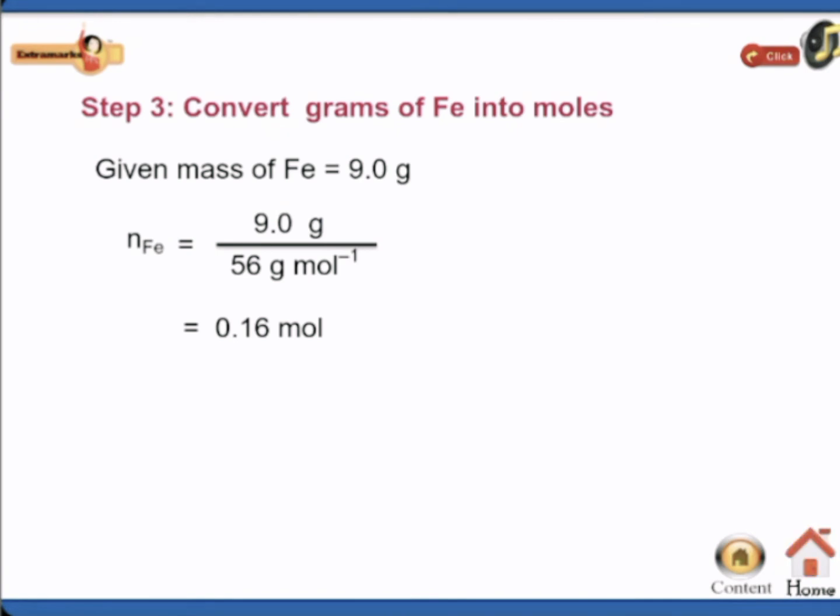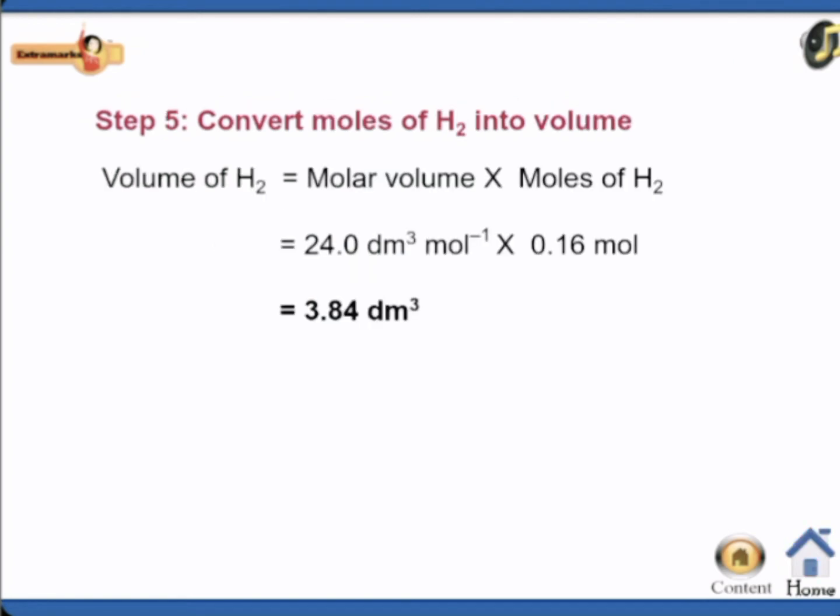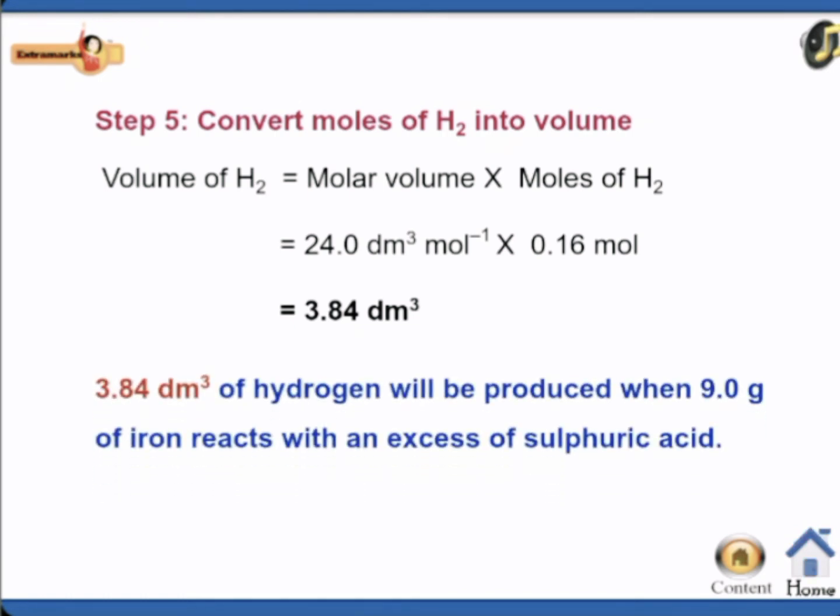Convert grams of iron into moles. Step 5. Convert moles of hydrogen into volume. Thus, 3.84 decimeter cube of hydrogen will be produced when 9 grams of iron reacts with an excess of sulfuric acid.